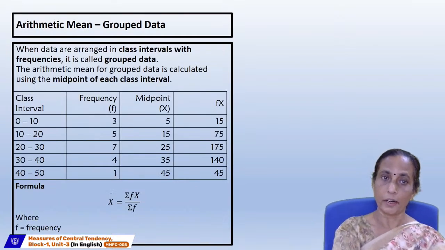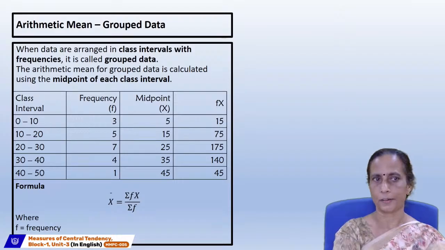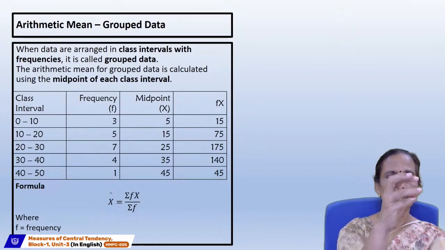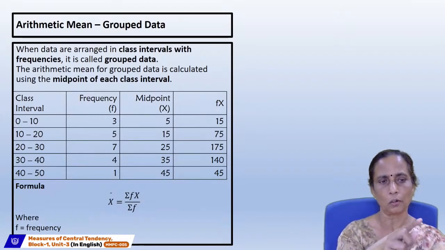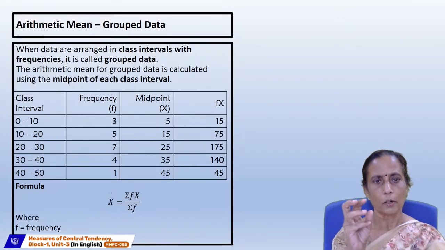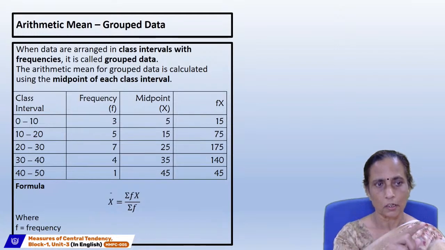When the data are arranged in class intervals with frequencies, we call it grouped data, and the arithmetic mean for grouped data is calculated using the midpoint of each class interval. Over here my class intervals are 0 to 10, 10 to 20, 20 to 30, 30 to 40, 40 to 50. What will be the midpoint of it?